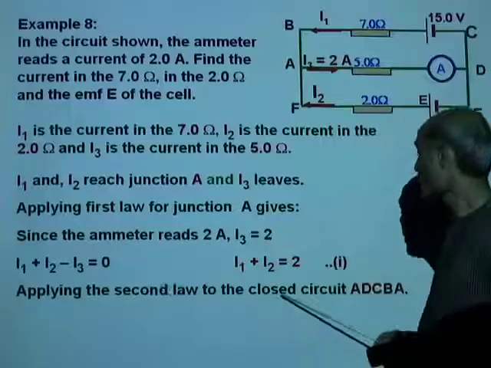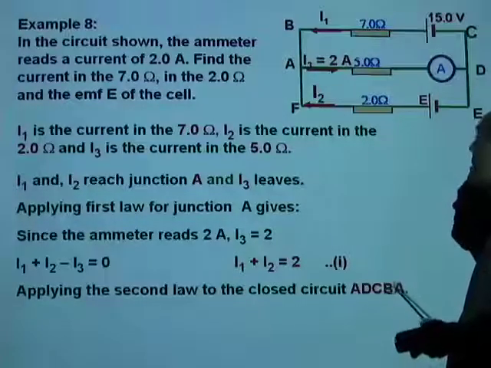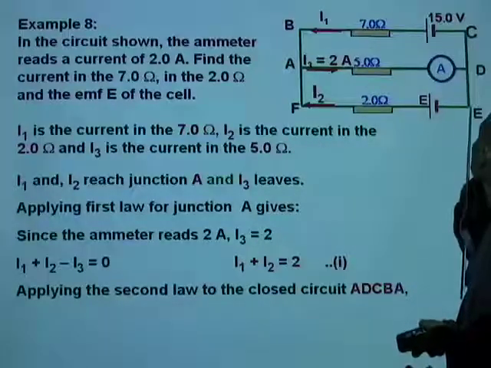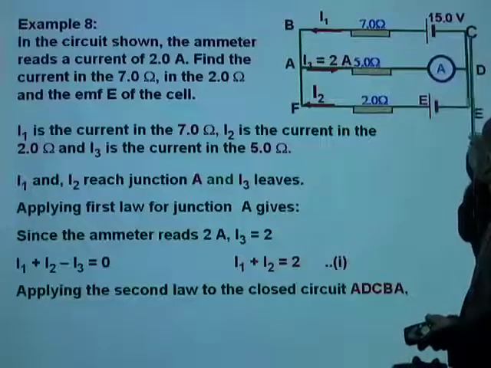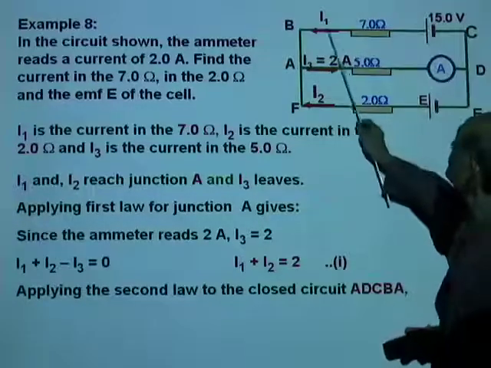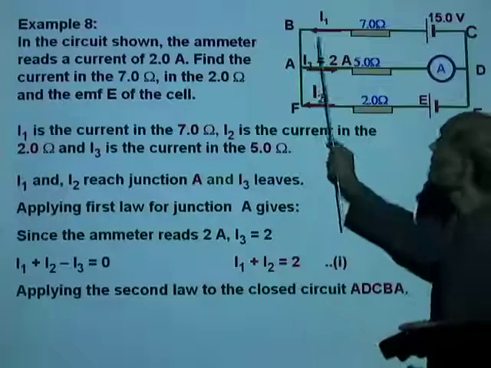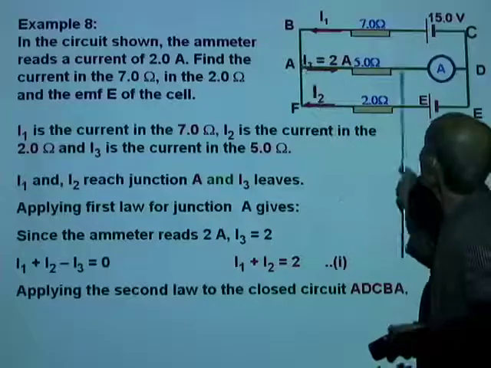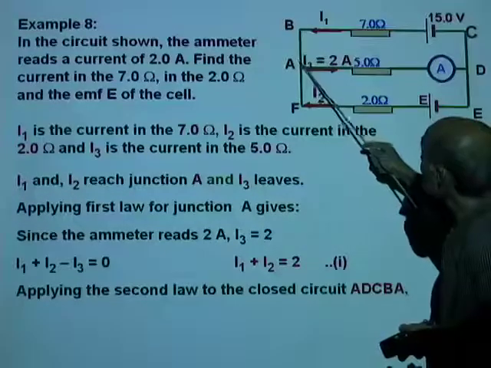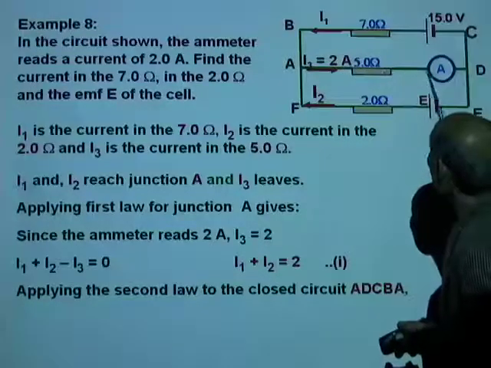Applying the second law to the closed circuit ADCBA. Let's do that. Alright. Can you apply that rule and give me an equation? If you notice, in ADCBA, the direction of the loop and the direction of I3 are the same.